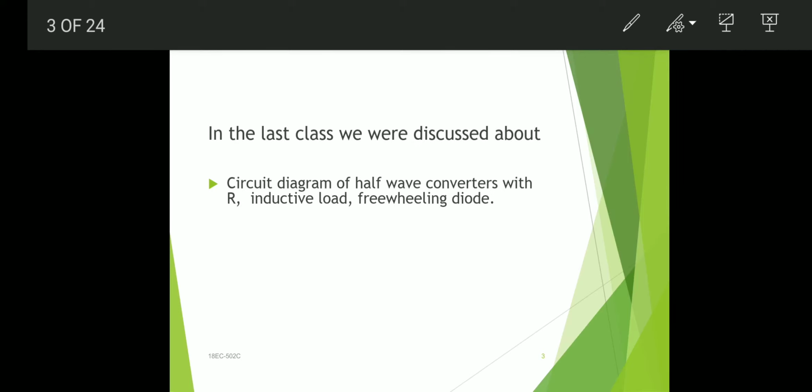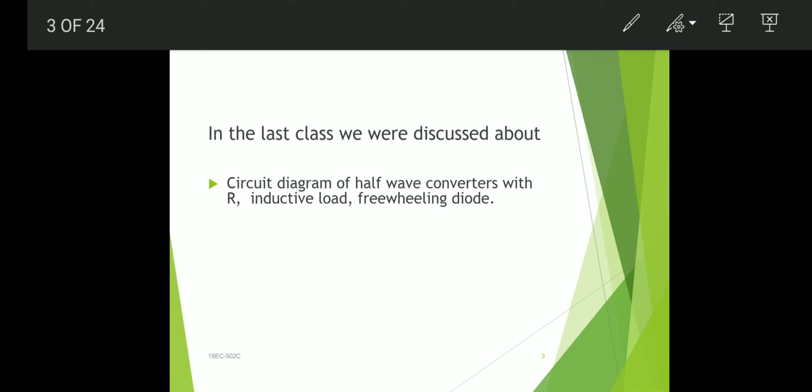This is due to the energy in the inductance. Until the stored energy in the inductor is dissipated through the load resistor, the SCR is still in the conducting mode. In that case, the output is in the negative form.